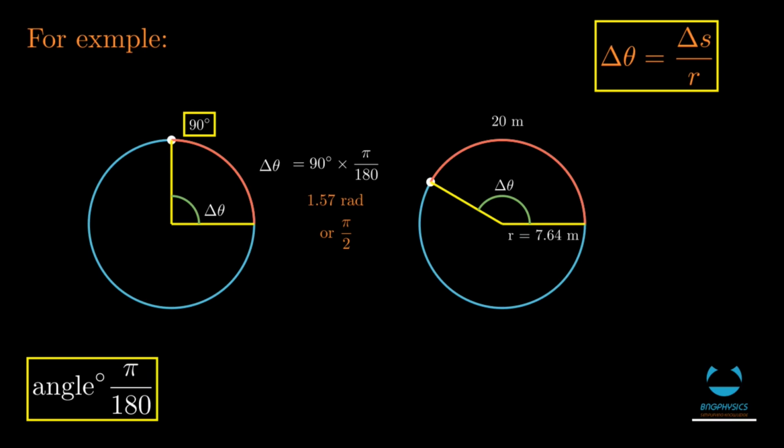To get delta theta here, we use the main formula as long as we have the radius and the length of the arc. So delta theta is equal to delta S, which is 20 meters, over the radius, which is 7.64. So this will equal 2.61 radians or 5 multiplied by pi over 2.